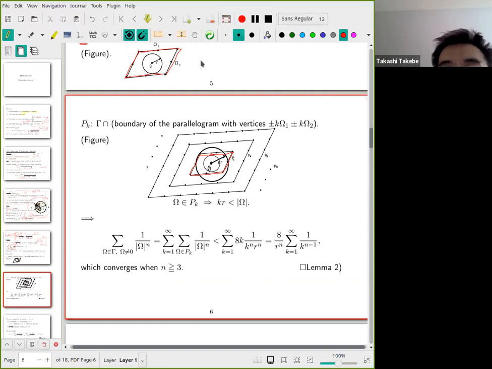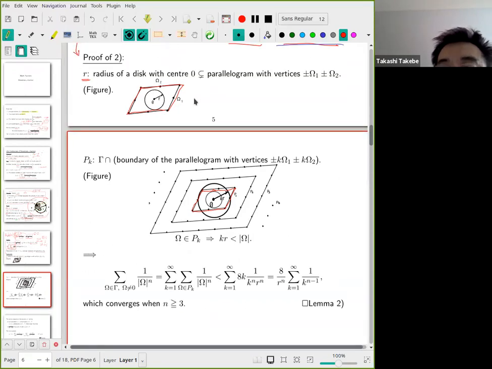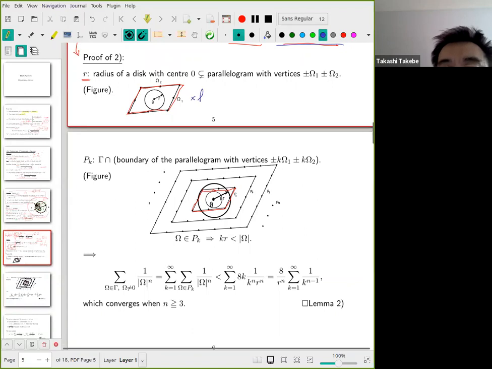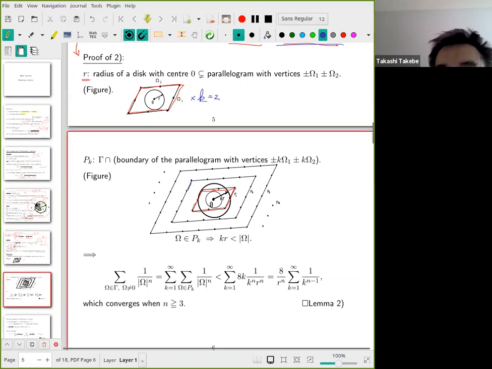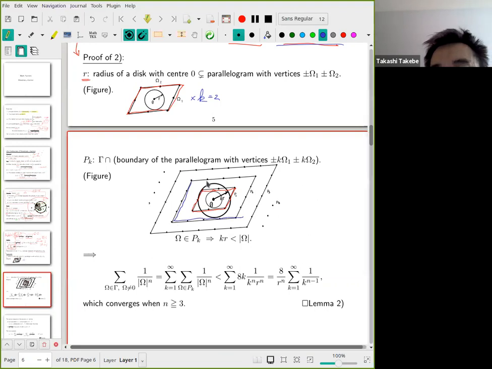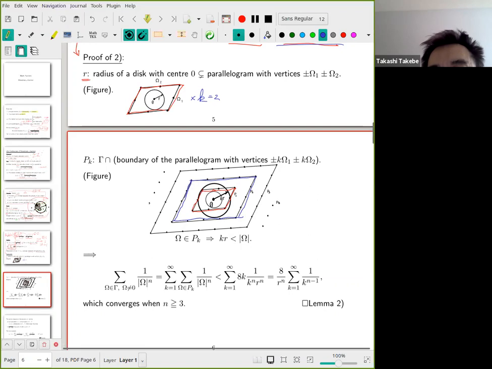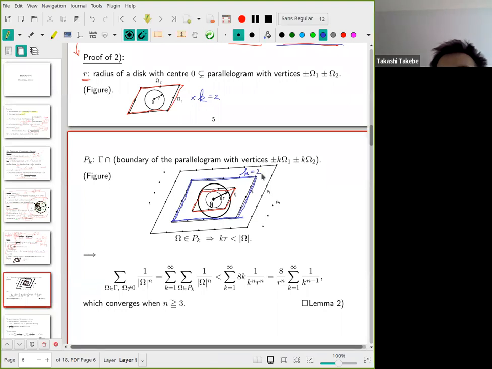And if we multiply by some number k, for example 2, then the parallelogram is enlarged to this larger parallelogram.